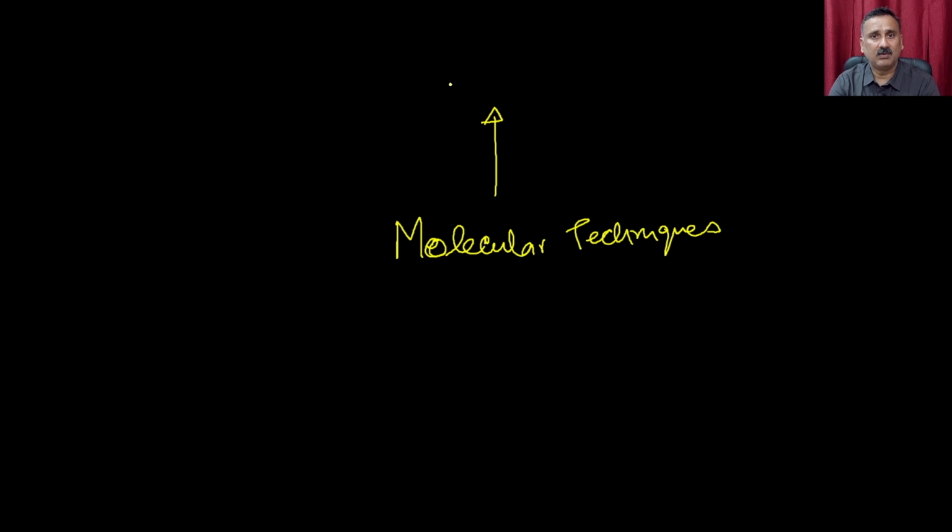So, when we talk about molecular techniques, they can be of many types. Okay, molecular techniques where you are going to amplify a particular DNA or other kinds of regions. So, it can be an amplification technique.